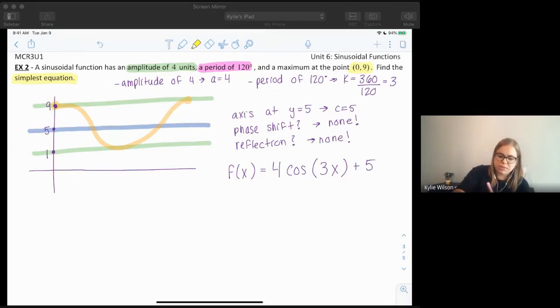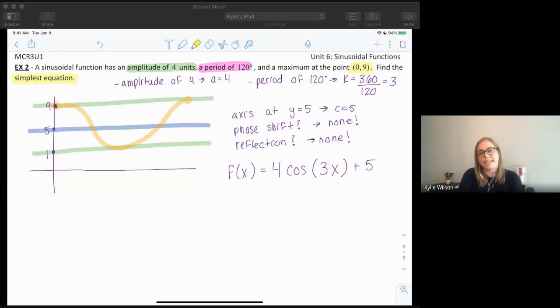So that would just be the simplest equation because it starts at a maximum, goes down. I certainly could have written this as a sine as well, but because it wants the simplest one, we're going to go with our cosine because there's no phase shift. Does that make a little bit more sense?